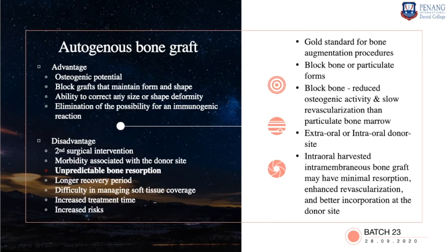This is going to be associated with morbidity of the donor site and unpredictable bone resorption. Studies have shown that the autogenous bone graft has a faster rate of resorption compared to regeneration, so we cannot predict the resorption rate of this graft.